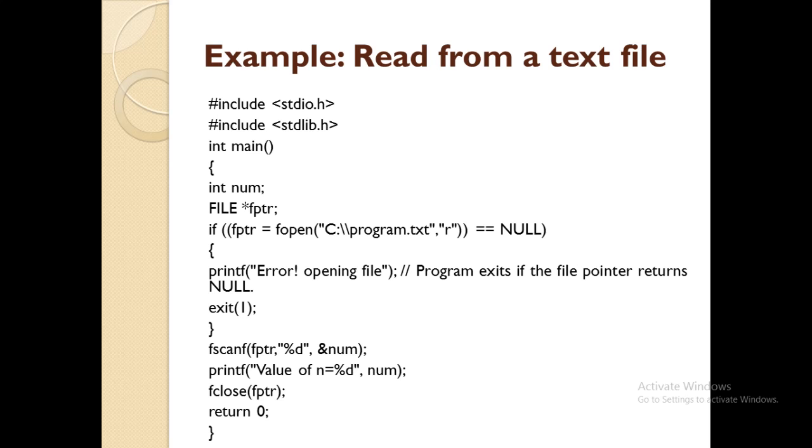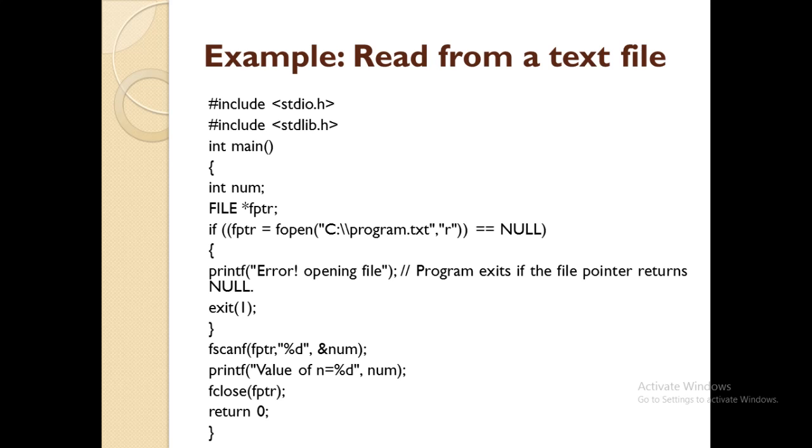Then we are checking if fptr points to null. If yes, then we are printing the message "error opening file" onto the screen and exiting the program using the exit function. But if the file pointer is pointing to some valid file, then we are reading the particular integer value from the file using the fscanf function followed by fptr and the number which you want to read.